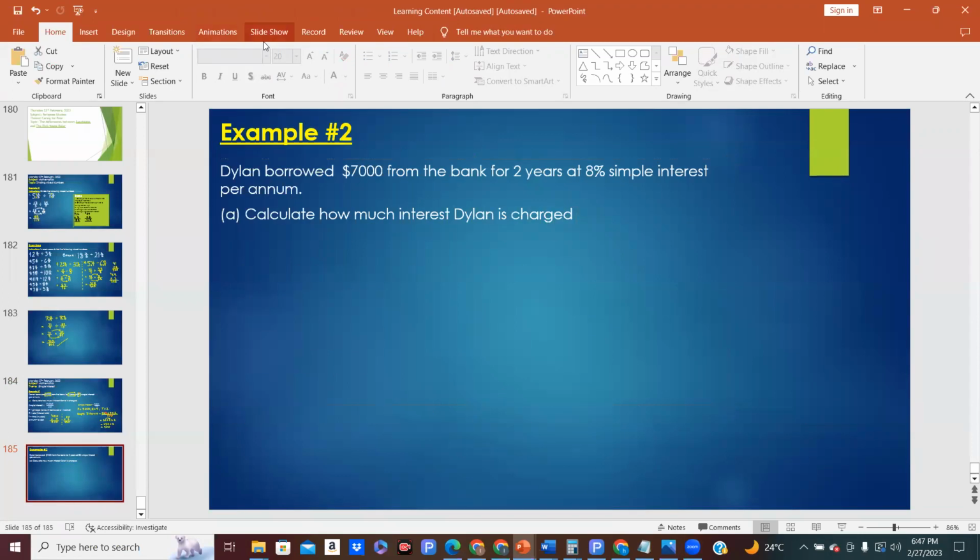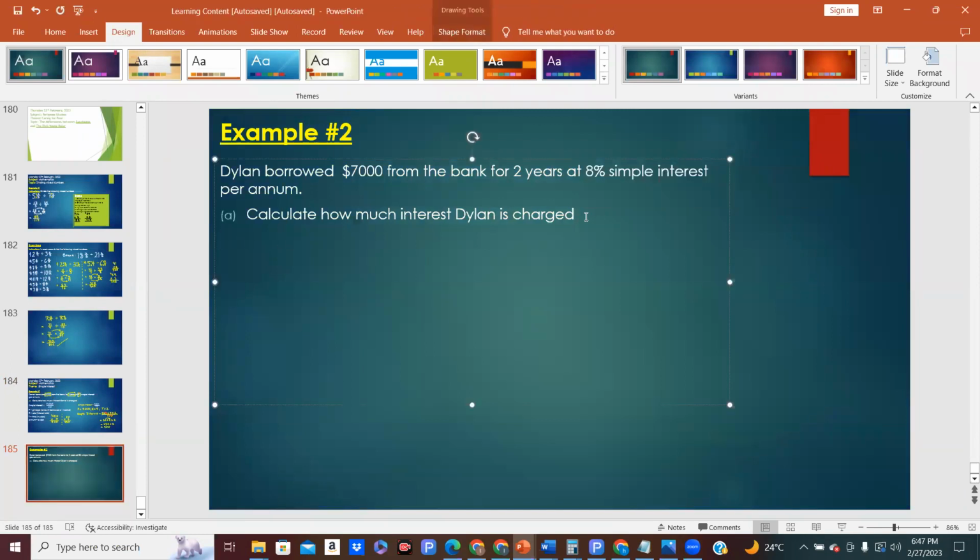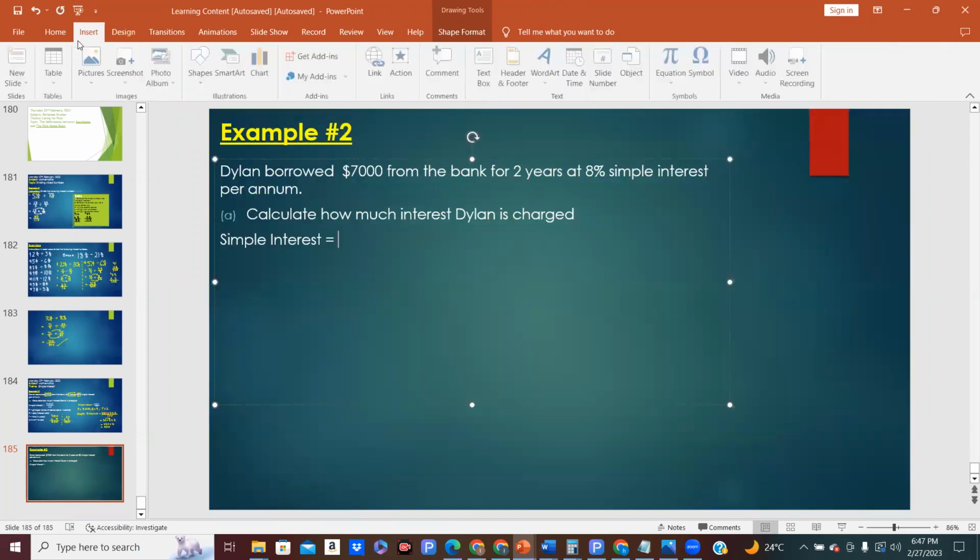I want to change the color on this. All right, so first for this one, we're going to write down the formula. The formula is simple interest equals to, what is the formula for simple interest?